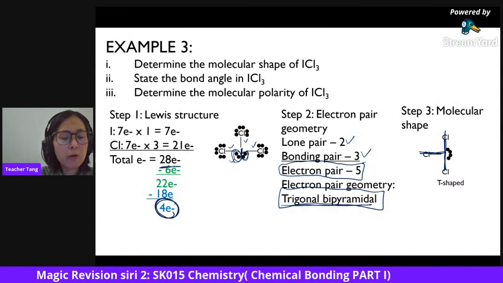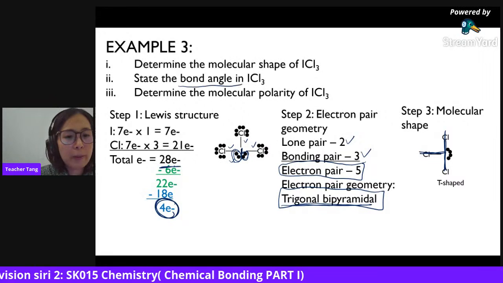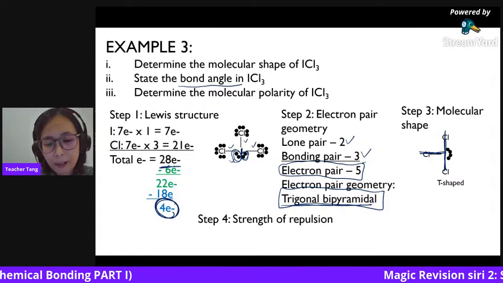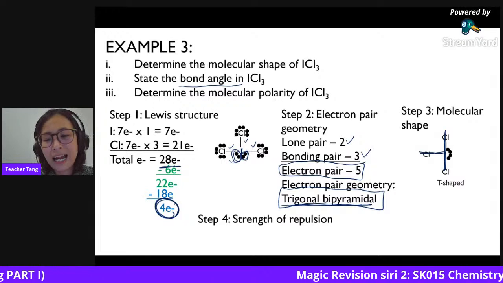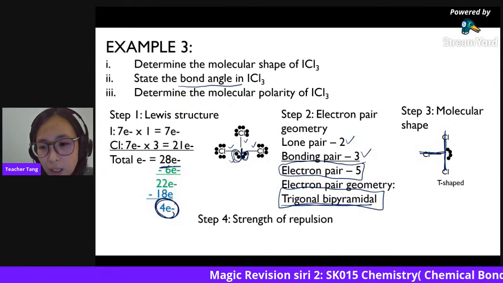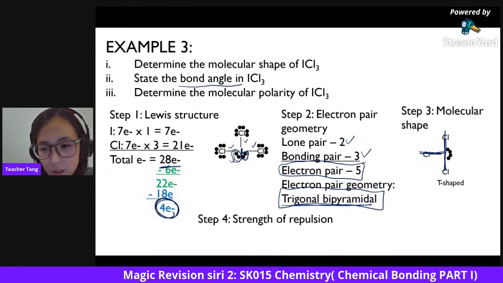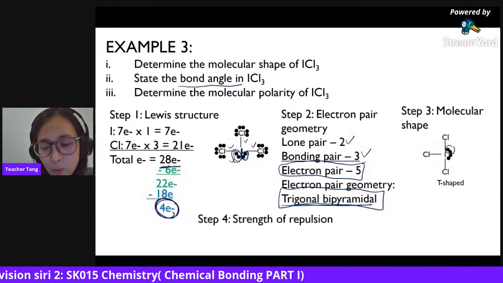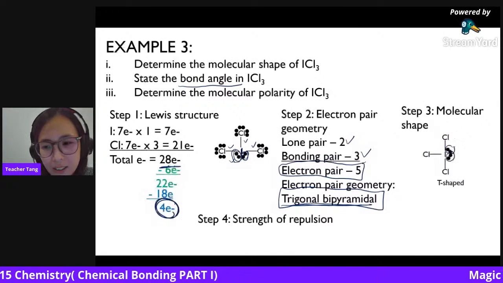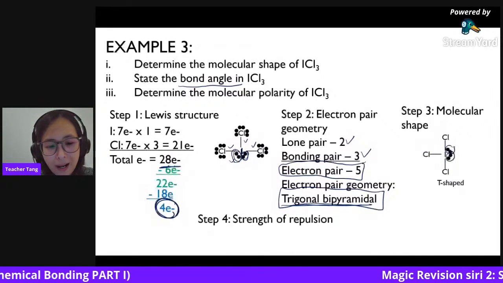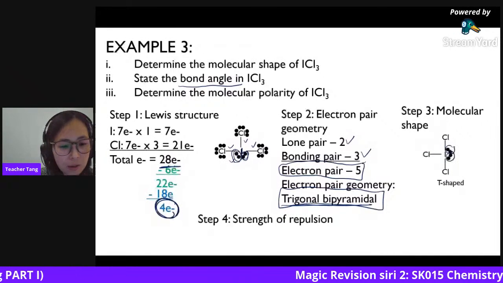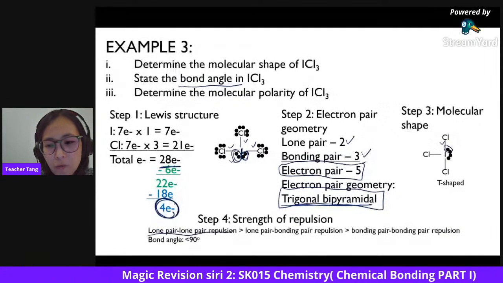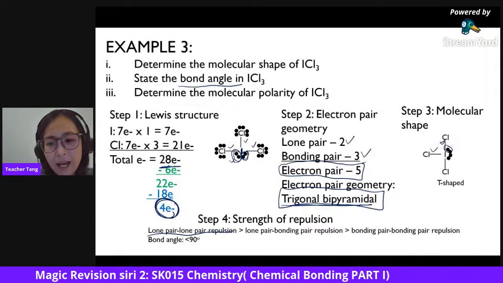If the question continues asking about bond angle, you need to determine the type and the strength of repulsion. Then only you can state the bond angle. Okay, so in ICl3, you can see that there are 2 lone pairs. These 2 lone pairs will repel each other. And the lone pair repulsion is the greatest, followed by the lone pair bonding pair repulsion, followed by the bonding pair repulsion.